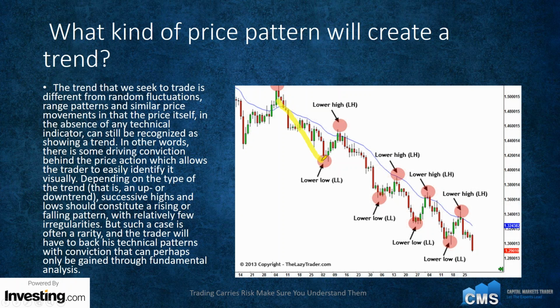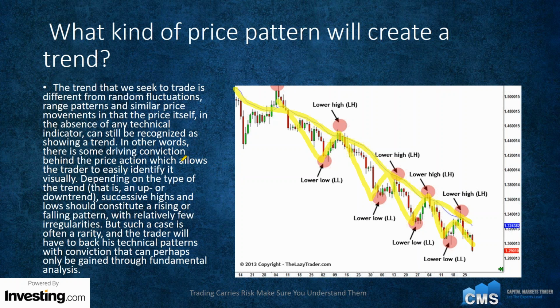We see lower low, lower high, lower low, lower high, lower low, lower high, and this is how markets move, peaks and thrusts, peaks and thrusts. Because then we can drop on a moving average and combine that moving average with the peaks and thrusts to make trading decisions.